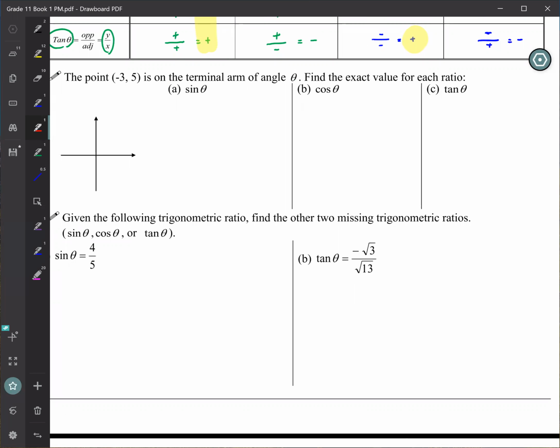Okay, let's go on to Annie. Where is sine positive? Sine 3 and 4.